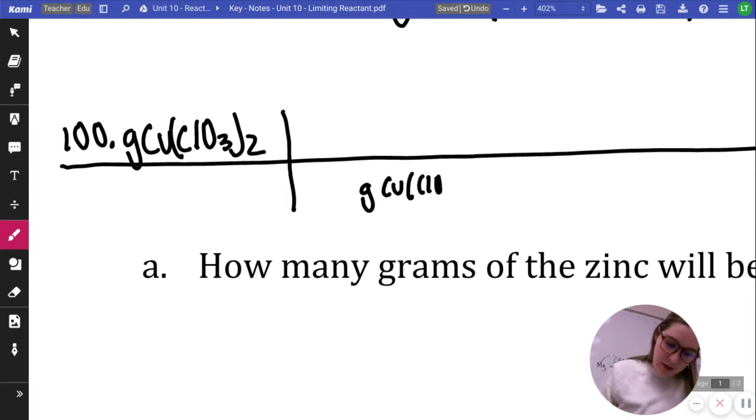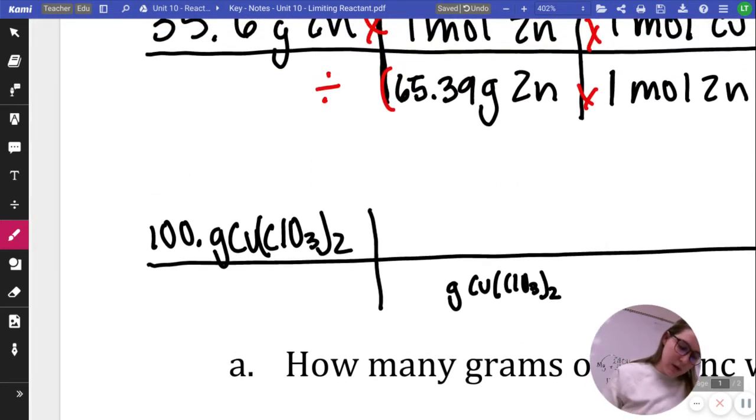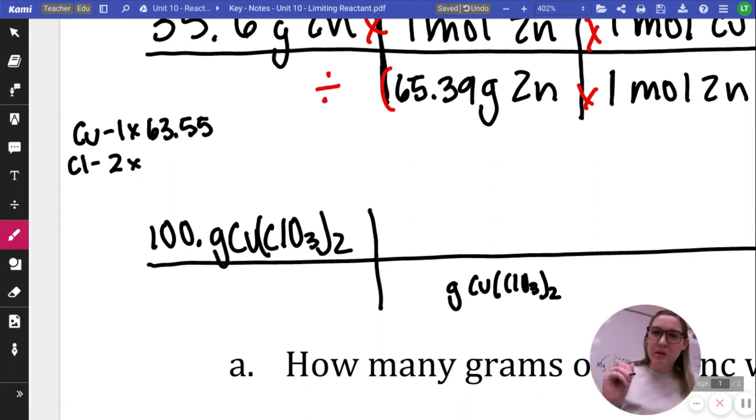And I need to solve for the molar mass of that. Since it's a compound, I'm going to write it out. I have 1 copper, and according to my periodic table, the mass of copper is 63.55. I have 2 chlorines, because it's in parentheses, so that 2 is going to distribute to both of them. And the molar mass of chlorine is 35.45.